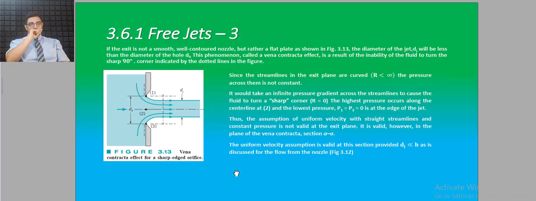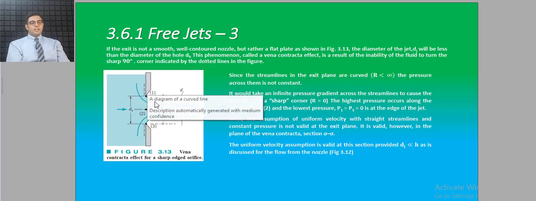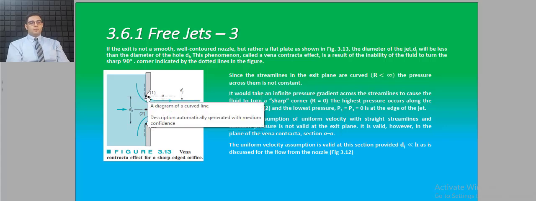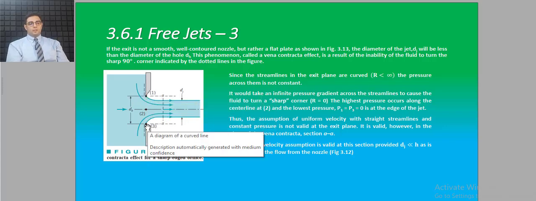So in here we are having another concept of free jets. As you see, we have tips over here at point 1 and point 3 either. This means that we are having a stagnation point happening, as I told you in the previous session.